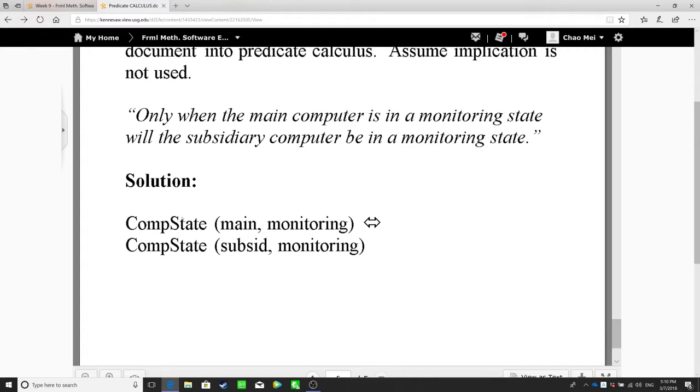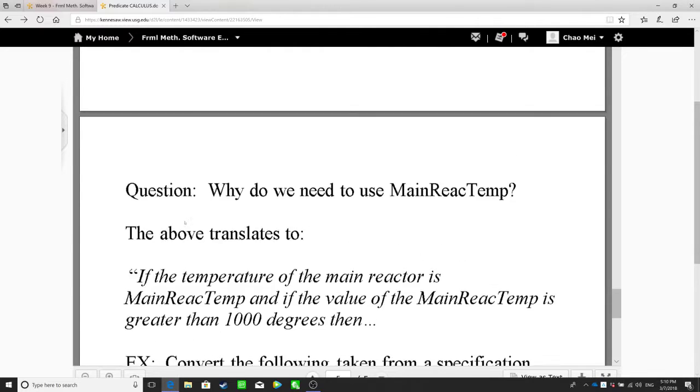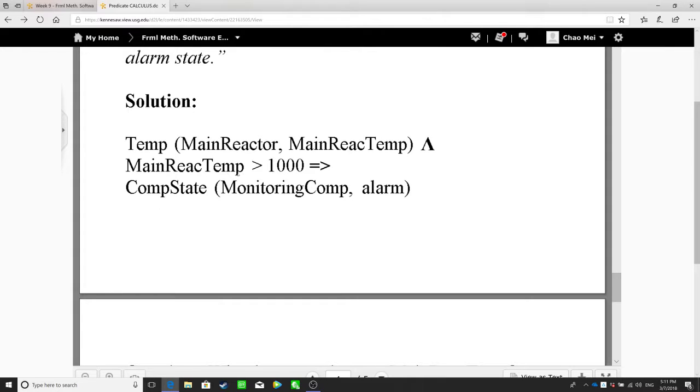Okay, so that's what we got from the predicate. Like we can do something like this: main reactor temperature greater than 1,000. We use this temperature main reactor, meaning the main reactor has a temperature. The main reactor temperature greater than 1,000 implies the monitoring is in alarm state. And this also means monitoring has a state which is alarm.